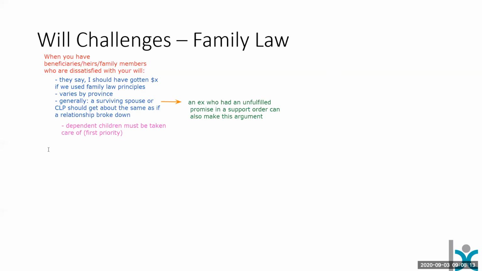Now, I will point to BC and Nova Scotia. In BC and Nova Scotia in particular, there is a statutory or a written legal obligation. It's called a moral obligation. And it says you have to take care of all of your children, even if they are financially independent.